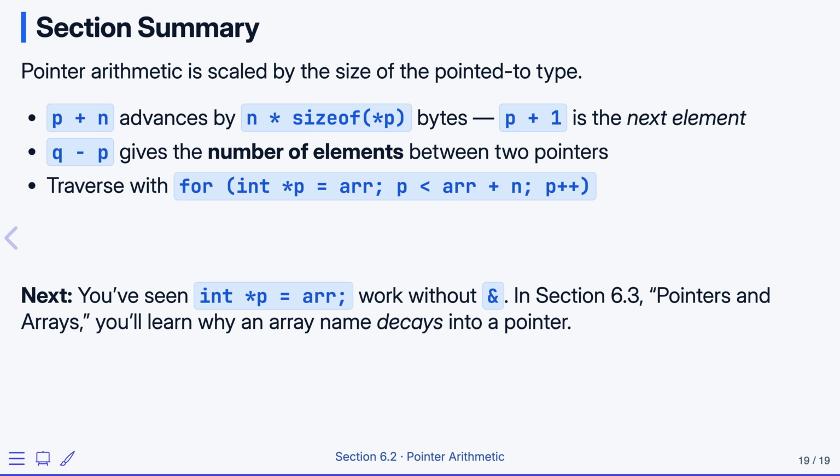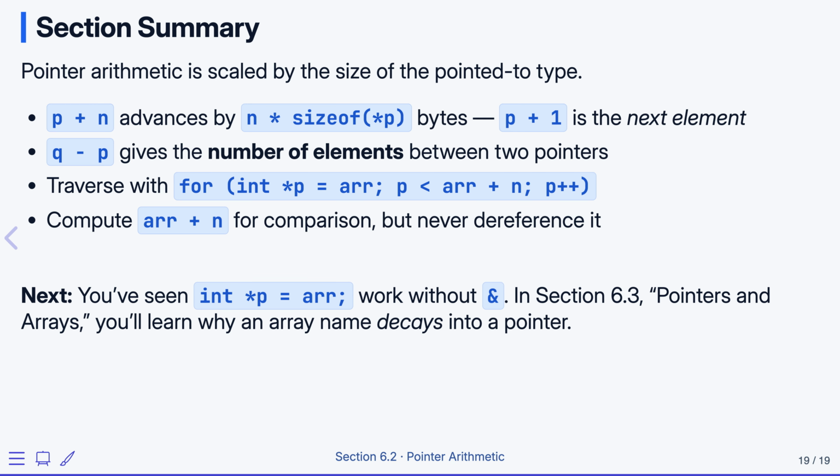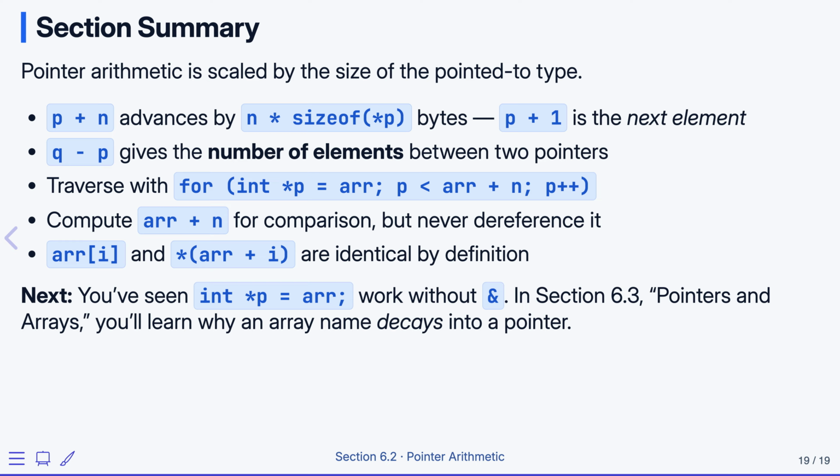You may compute r + n for comparison, but never dereference it. And r[i] is identical to *(r + i). You have seen int *p = r work without an ampersand. In section 6.3, pointers and arrays, you will learn why an array name decays into a pointer to its first element.